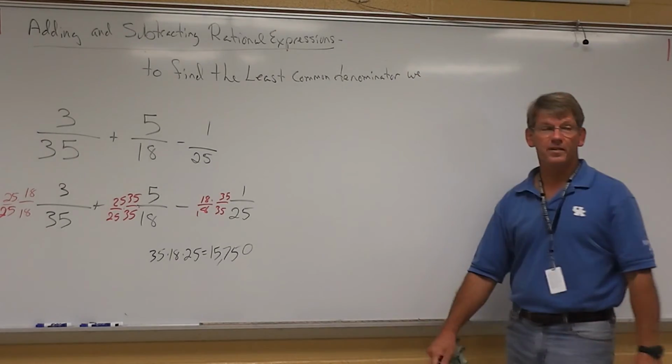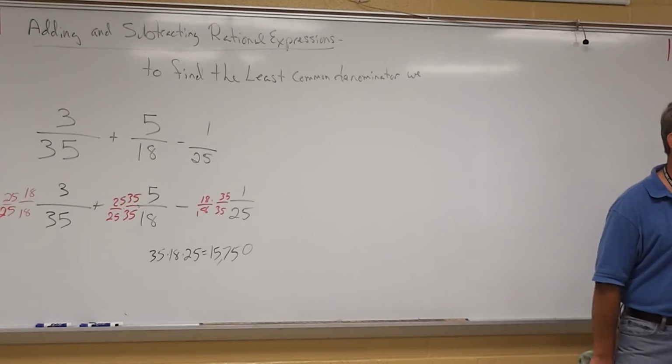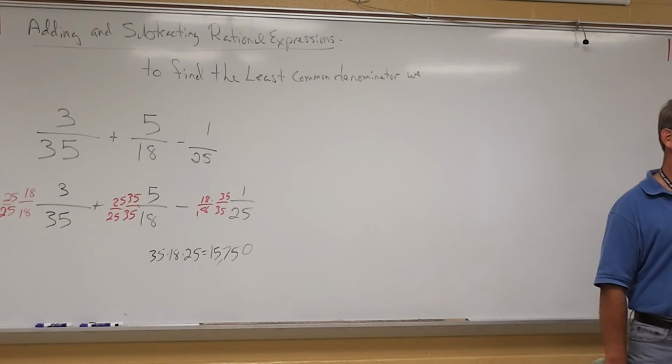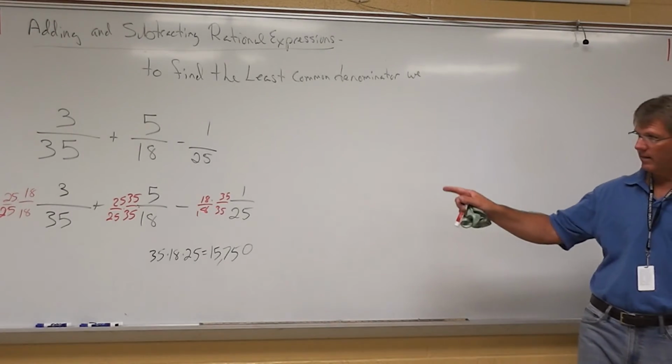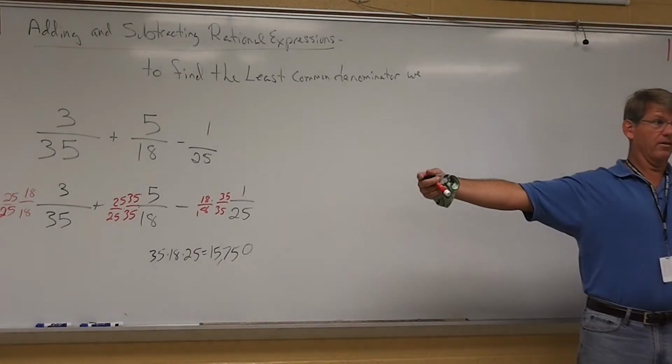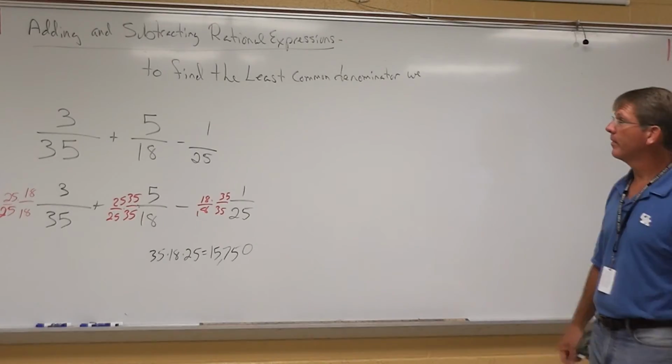Because we're going to want the least common denominator, because if I don't get the least, then I've got to factor and simplify my answer after I'm done. And with this arithmetic one, we can do it. But with algebra ones, they get really big and gnarly, that's a lot of trouble.